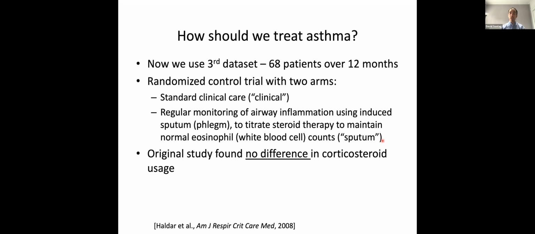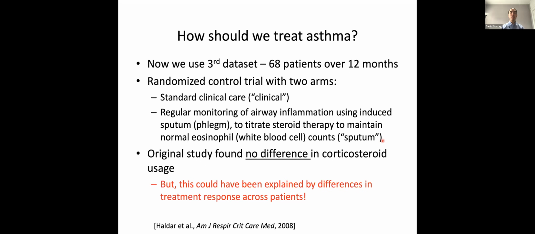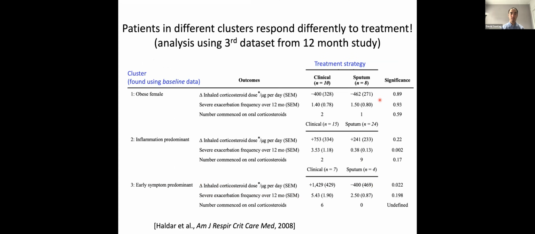However, what you ought to wonder about is whether there might have been variation in the treatment response. Maybe some patients do best under that first treatment strategy, and other patients do best under that second treatment strategy. And so what we're now going to do is reanalyze these results, trying to separate out patients according to those three different clusters.